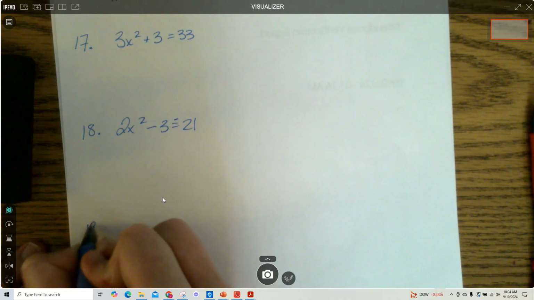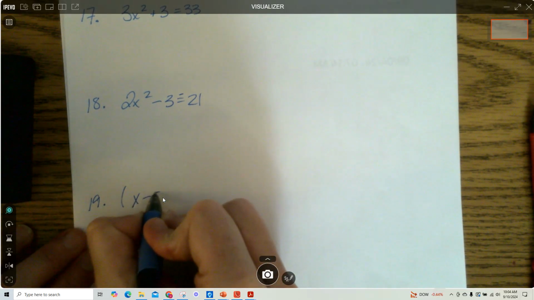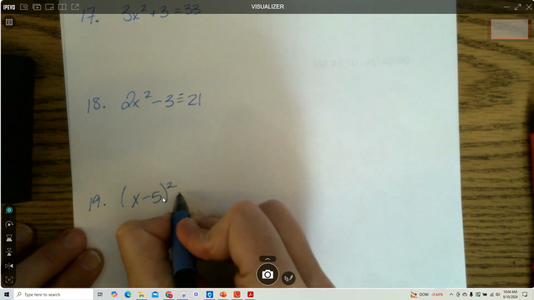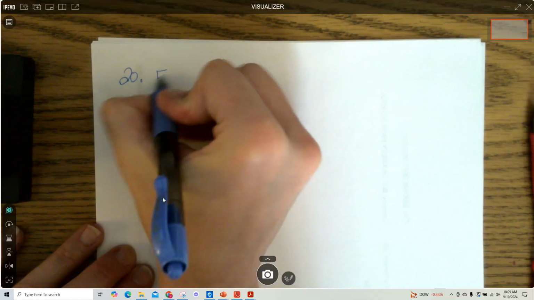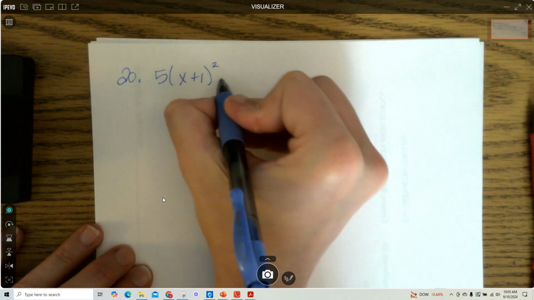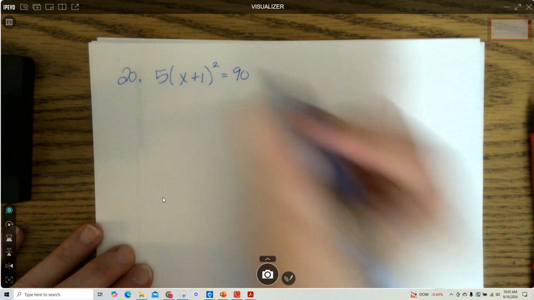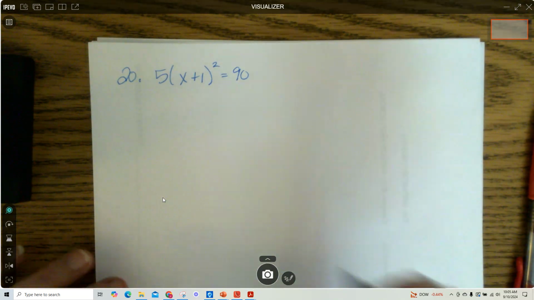Okay. 19. Open parentheses, x minus 5, close parentheses, squared equals 9. Okay. And then 20. 5 times parentheses x plus 1 squared equals 90. Okay. So I'll go through. We still got 7 more. Holy crap.